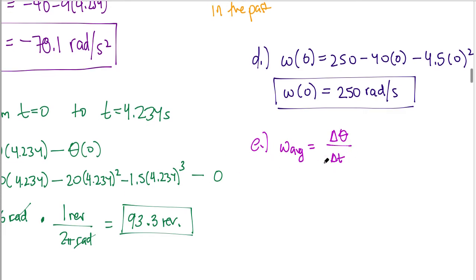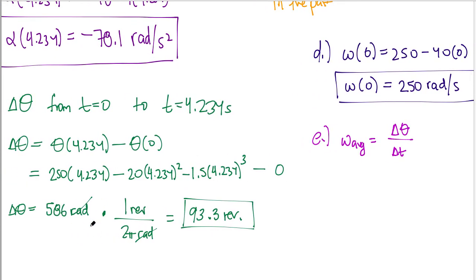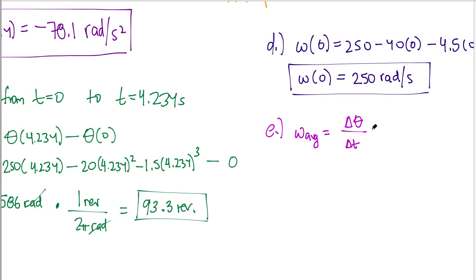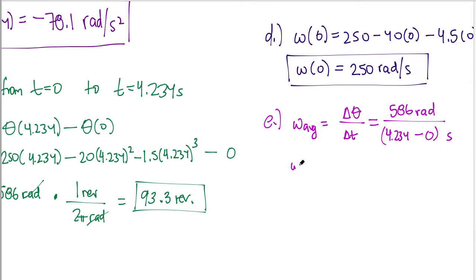I just found delta theta as 586 radians, so I can say 586 radians over 4.234 seconds minus 0. My average angular speed for this time interval is approximately 138 radians per second.